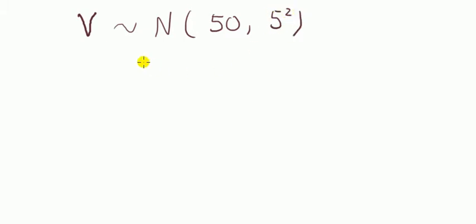Say that the verbal scores, let's denote it by V, for the whole year, turn out to be normally distributed with a mean of 50 and a standard deviation of 5, so variance of 5 squared.